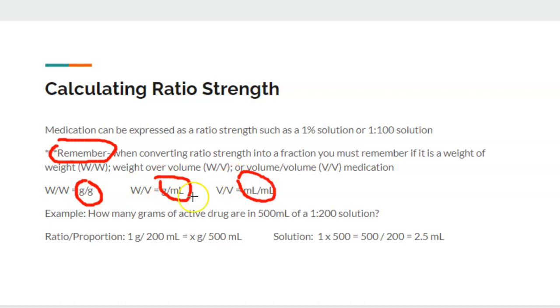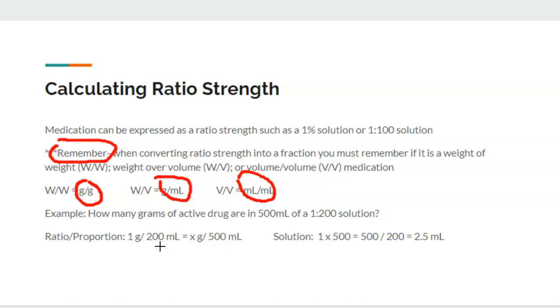For example, how many grams of active ingredient are in 500 milliliters of a 1 to 200 solution? I'm going to make this ratio strength into a fraction, and I have to make sure I put units on it. It should be 1 gram over 200 milliliters.